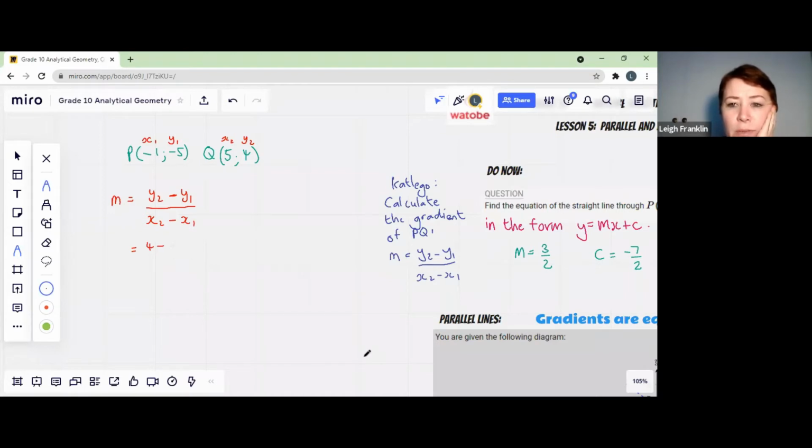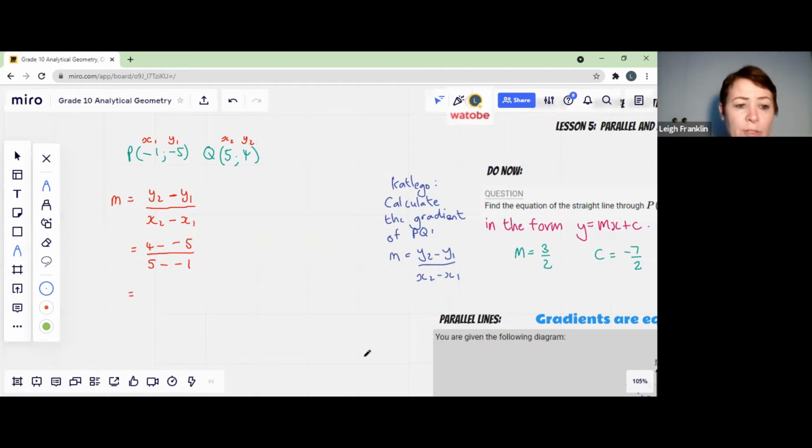I have to write minus 5. Okay, then at the bottom, if I started at 4, I started with y2, then I have to start with x2 at the bottom. So x2 is 5. So I'm going to put 5 at the bottom, minus, and that also happens to be a negative number.